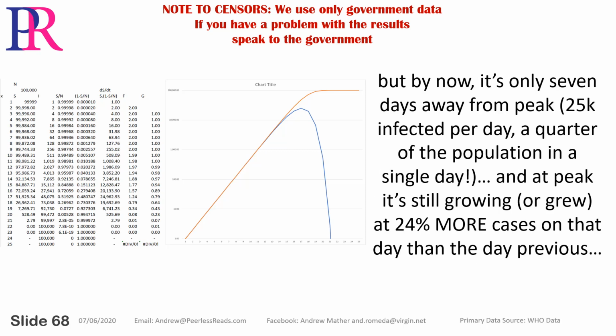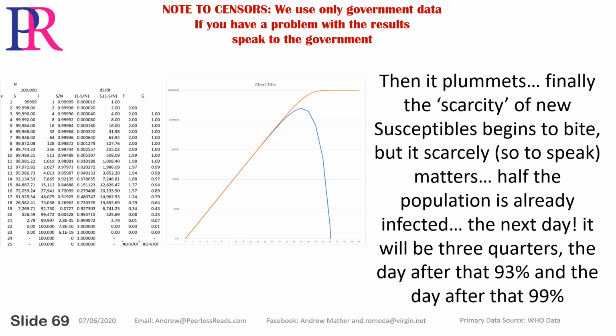But by now it's only 7 days away from peak, 25k infected per day, a quarter of the population in a single day. And at peak it's still growing, or grew, at 24% more cases on that day than the day previous. Then it plummets. Finally, the scarcity of new susceptibles begins to bite, but it scarcely, so to speak, matters.